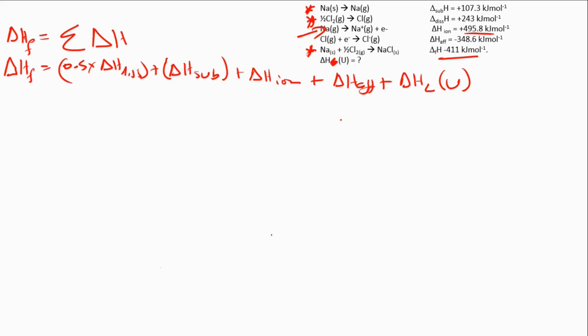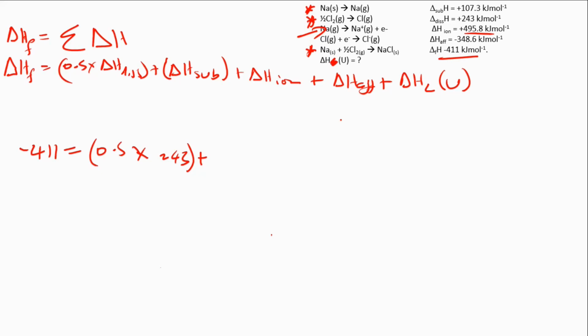Oh, here it is: minus 411. I'm just going to put the raw numbers. Then this one is 0.5. This one is the dissociation, and we are dissociating half a mole of chlorine, so 0.5 times 243. I'm just putting the raw numbers for convenience and for space.